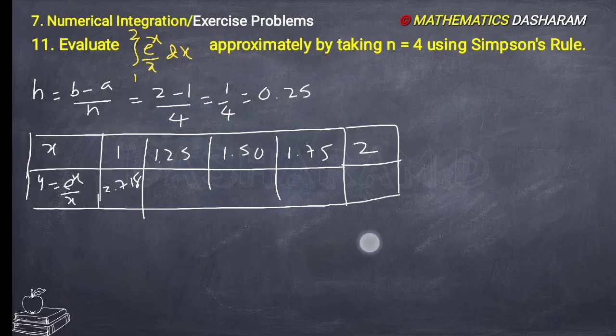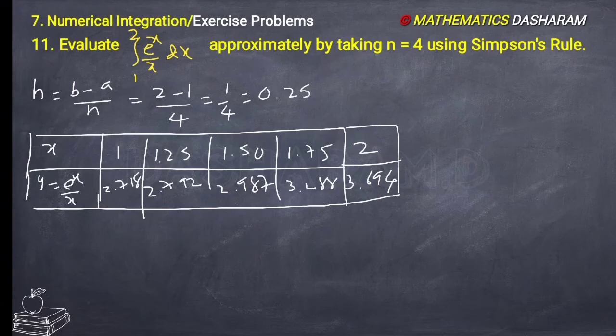So when x value is 1.25, then the y value is 2.792. Next, when x value is 1.50, then the y value is 2.987. So next to 3.288. Next to 3.694.